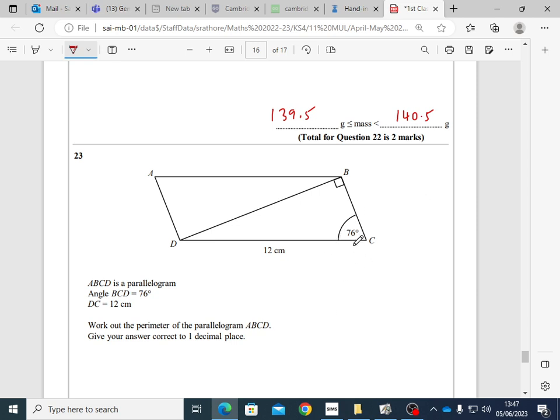Now we haven't done trigonometry for a while, but I'm going to just say this. Let's say this is the 90 degrees. Let's say that is 76 degrees, and this side here, that's going to be the perpendicular. So that is the hypotenuse, which is 12. I want to find this side here, which is the base.